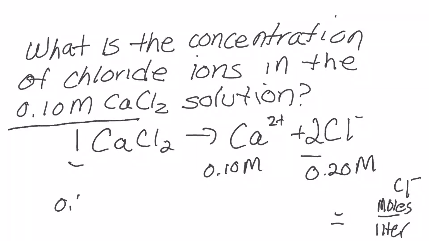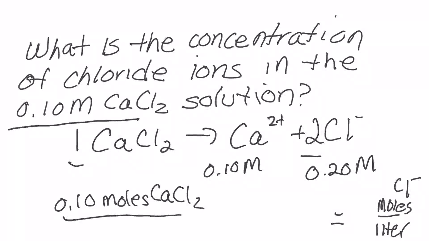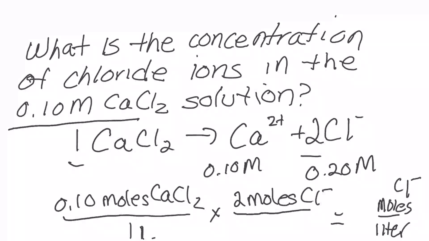So this is my starting point. I have 0.10 moles of calcium chloride over 1 liter, but I want the moles of chloride per liter. I do not want the moles of calcium chloride. So how do I change moles of calcium chloride into moles of chloride? I use this balanced equation because I have 2 moles of chloride ions for every 1 mole of calcium chloride.